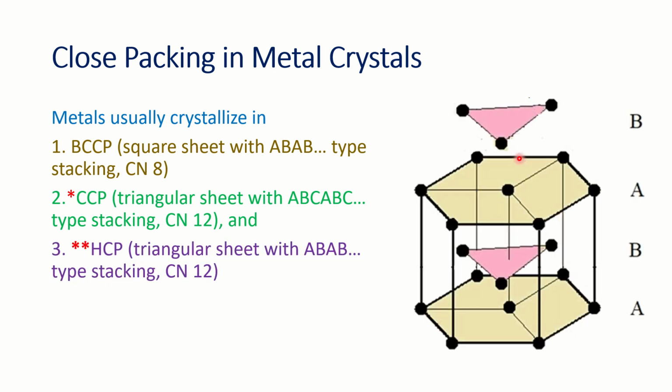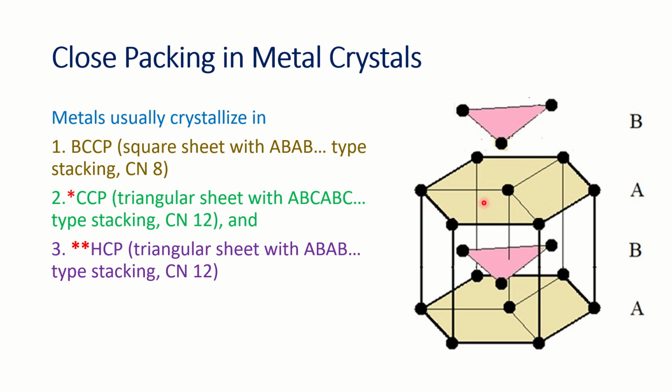And the last one is hexagonal close packed. Hexagonal close packed means the crystal system is hexagonal system. That means a equals b not equal to c, alpha equals beta equals 90 degrees, not equal to gamma, which is equal to 120 degrees. So this is the hexagonal crystal system, and these are the body centers of the prisms.